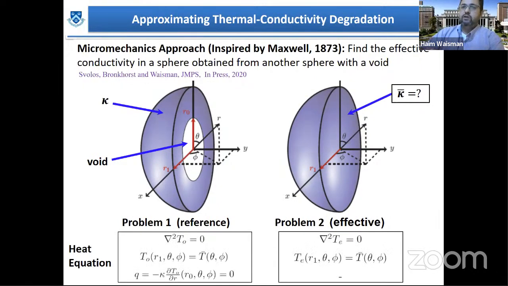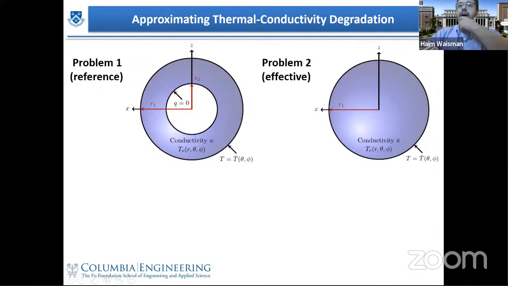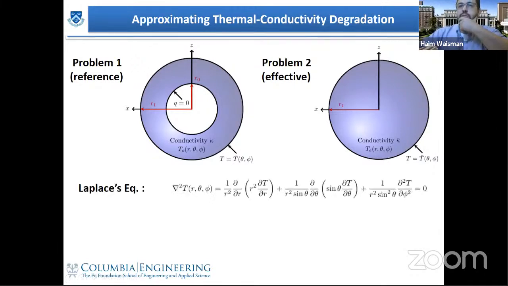How do we do that? So the first problem is defined by Laplace's equation with the temperature boundary condition on the outer sphere and flux boundary condition, insulated boundary condition, on the inner sphere, right? And the other problem is defined in a similar fashion, but there's no inner sphere in this case. First of all, notice that Laplace's equation has an analytical solution in spherical coordinates, which is shown here.